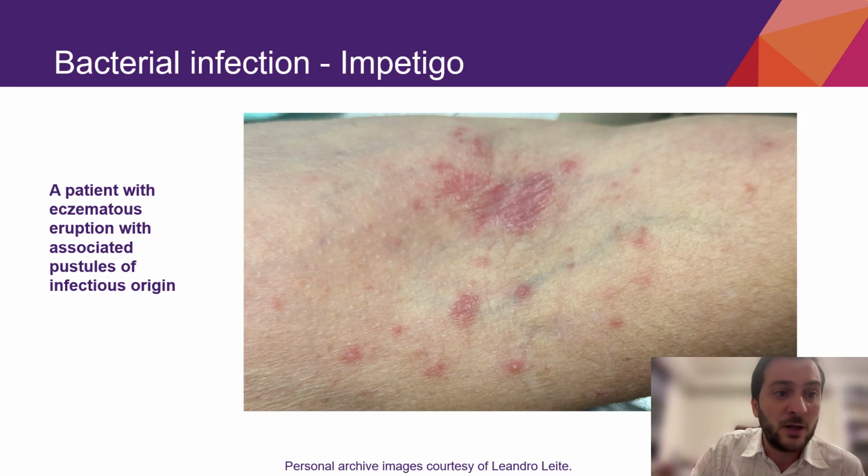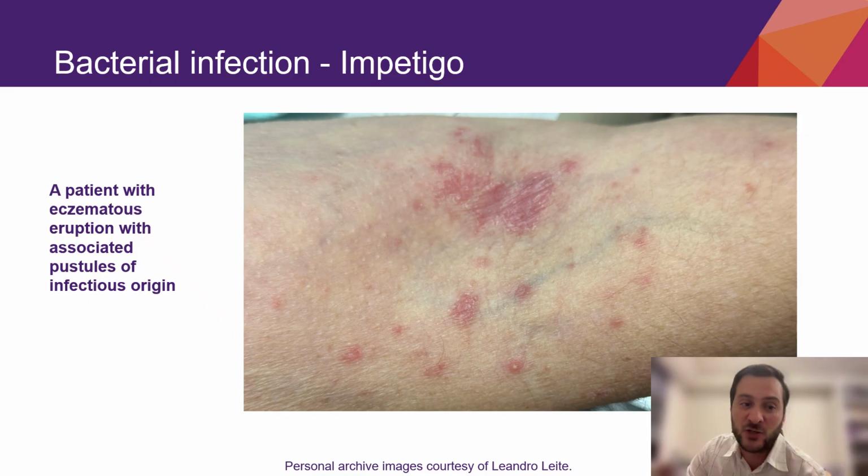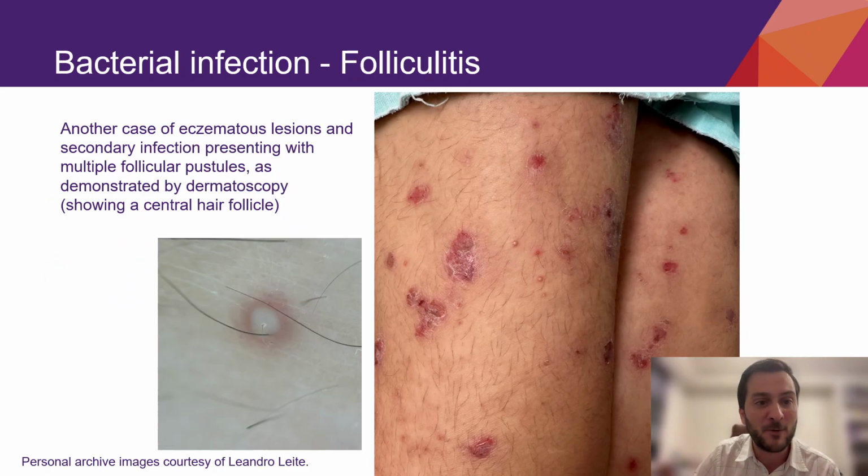Here again, we have an eczema patient with an eczema lesion that has a secondary infection with formation of pustules here, and in this case the pustules are infectious. It's very common that the patient with secondary infection presents with folliculitis, and in these cases the pustules are follicular.